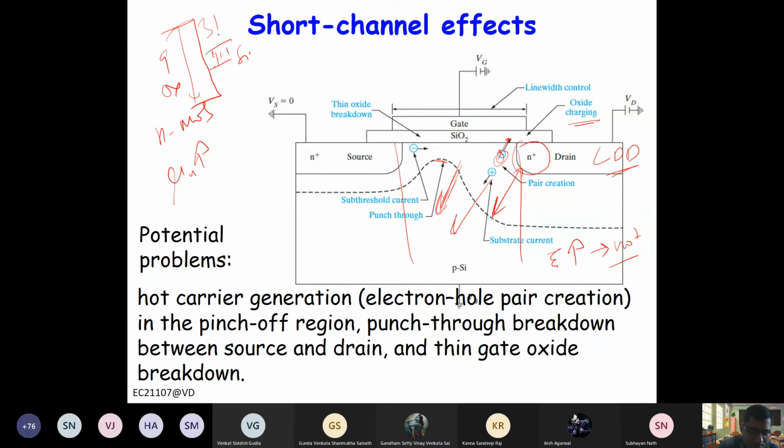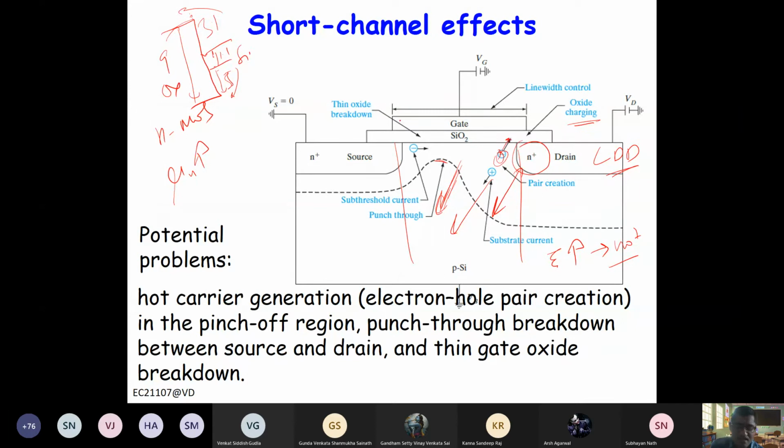Out of this, around 3.1 eV is across the conduction band, and around 5 eV across the valence band. So for holes there is a bigger barrier, and for electrons there is a smaller barrier. So electrons crossing the oxide and contributing to the gate current will be less severe in PMOS than in NMOS. So this is a short channel effect.